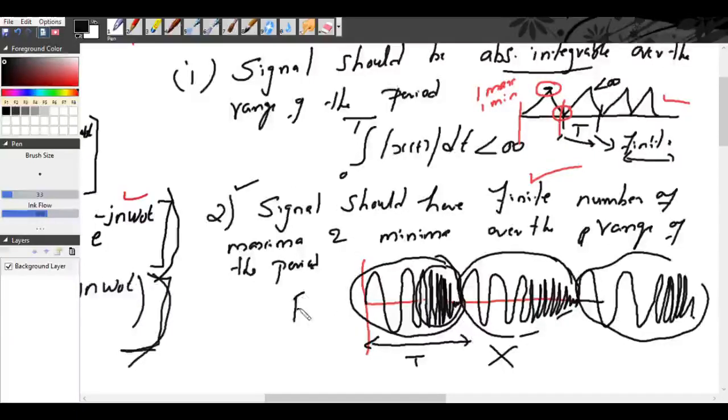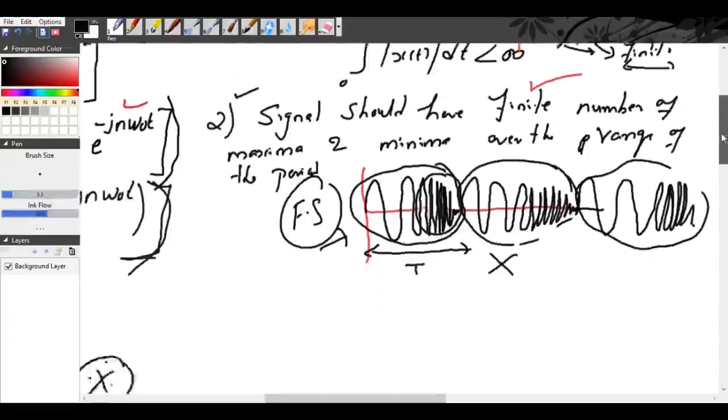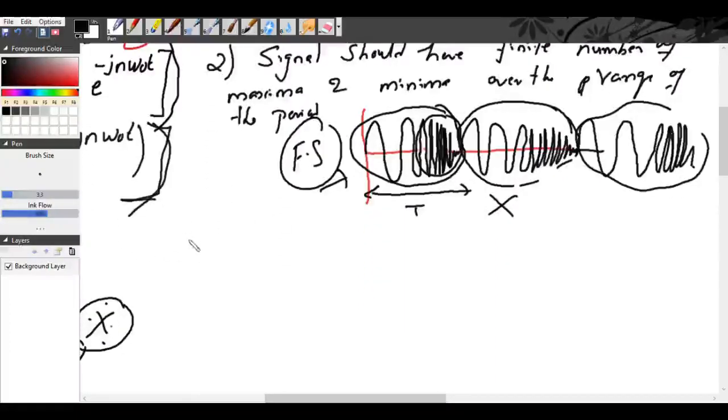So the Fourier series cannot be applied to this kind of signal. Okay, and a third condition. You should draw these examples too.